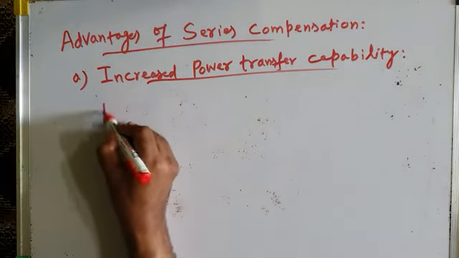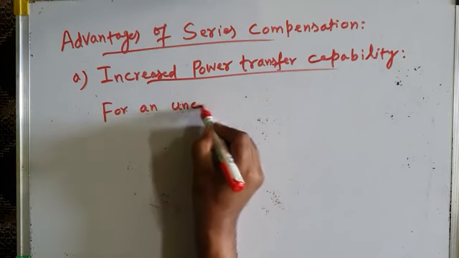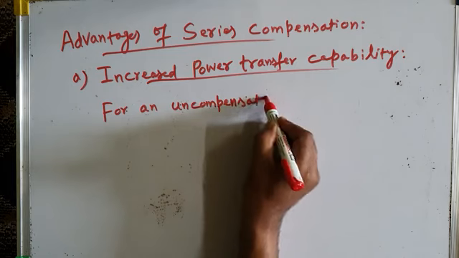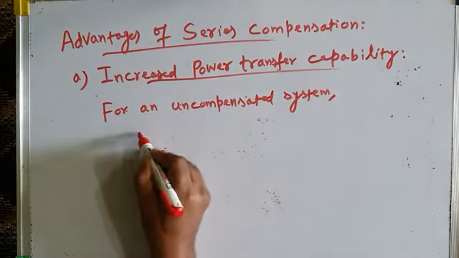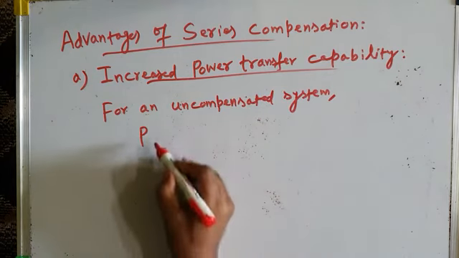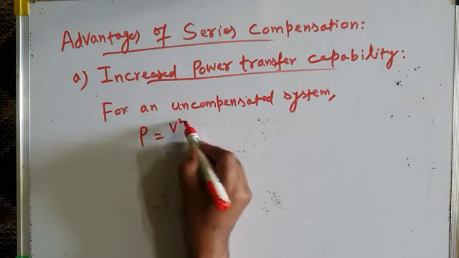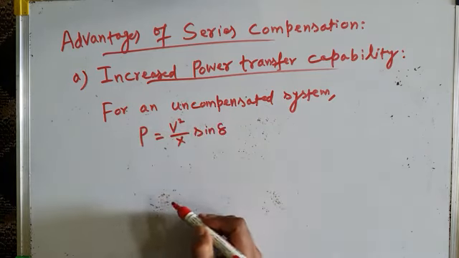We already know that for an uncompensated system, the power which transfers over the uncompensated transmission line is given by this equation: P is equal to V square by X sine delta, right?